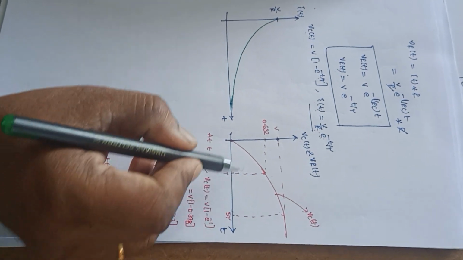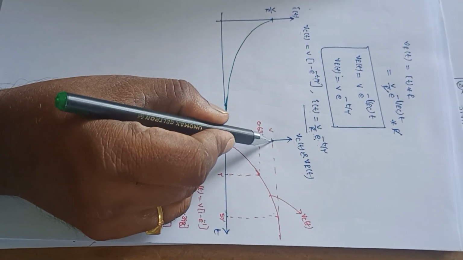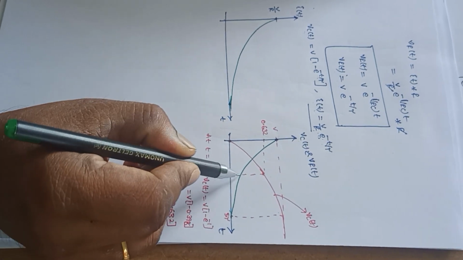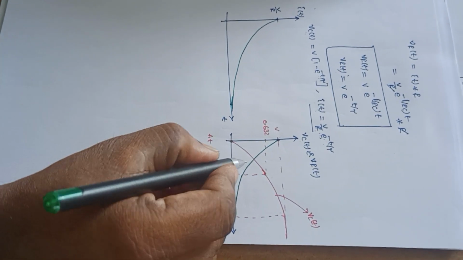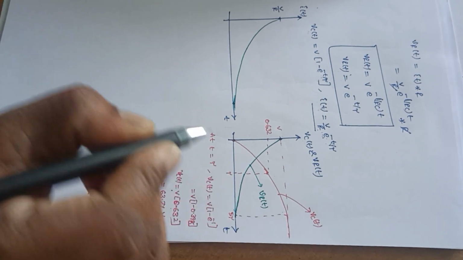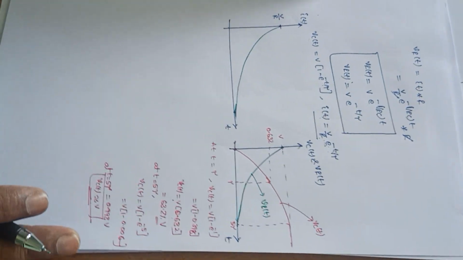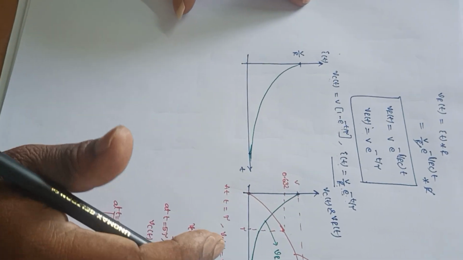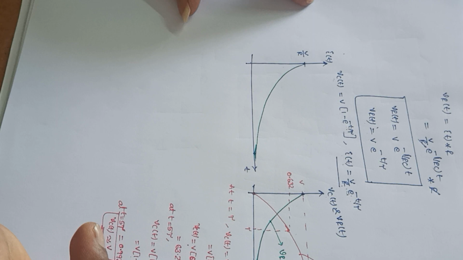At t equal to 5 tau, it decreases like this. So this is the Vr of t curve. This is how we can draw the waveforms for Vc of t, Vr of t, and I of t.